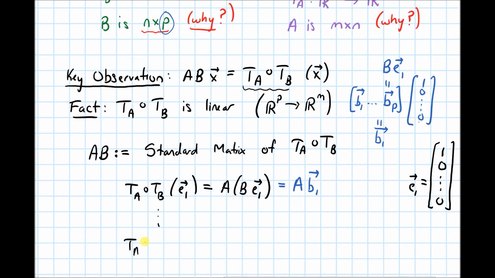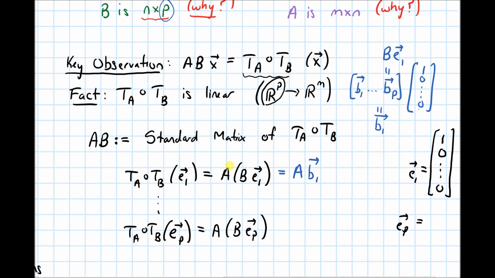If we keep going like this, we would keep plugging in these E sub i's into our transformation until we get to the last one. The domain of our linear transformation is R sub P, so the very last one we'd plug in is E sub P. That's the very last of these E sub i's that we'd plug in. So for the same sort of reason, this becomes A times B times E sub P. And E sub P is going to be the last column of the identity matrix.